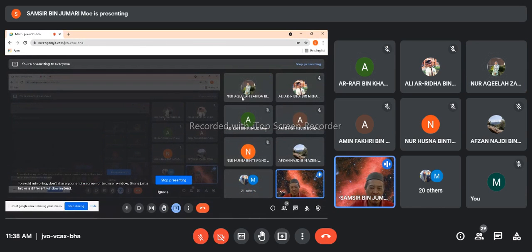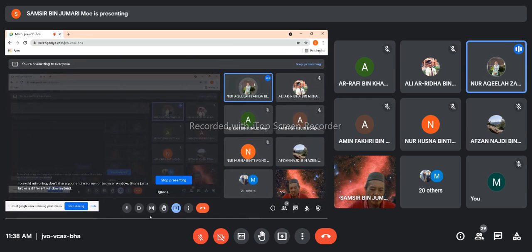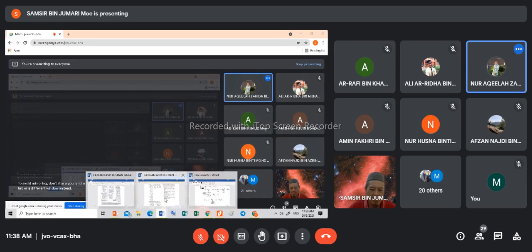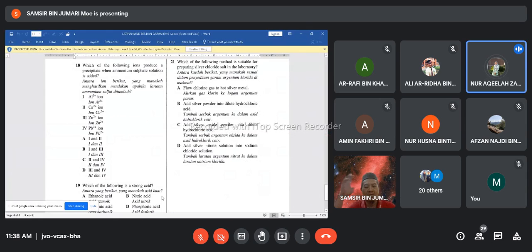Why do you think it is the right answer? Because... So you choose C, 2 and 4. So what is the idea?